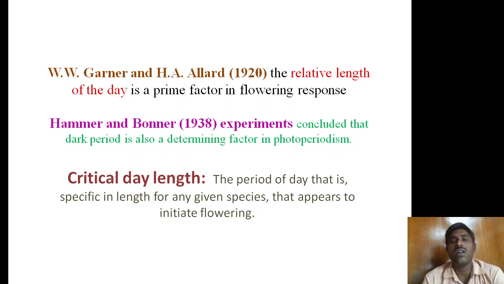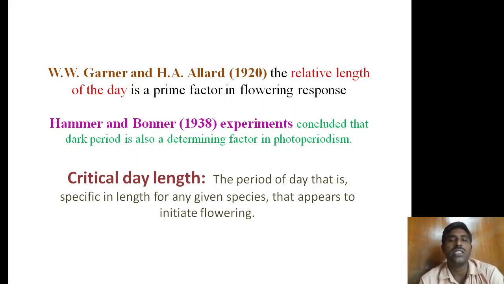Next, Garner and Allard, in 1920, due to their experiments, gave the concept of photoperiodism. After the experiments with the Maryland Mammoth, they gave the photoperiod as one of the phenomena which cause the flowering response in plants. Later, Hamner and Bonner in 1938 did experiments and concluded that the dark period is also a determining factor in photoperiodism.